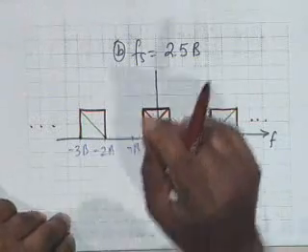From triangular spectra, you get rectangular spectra. And no filter on earth can recover the original signal, even though the sampling frequency is higher. Originally the sampling frequency is 2b, now it is 2.5b. Even though the sampling frequency is higher, there is no way that one can recover the signal.